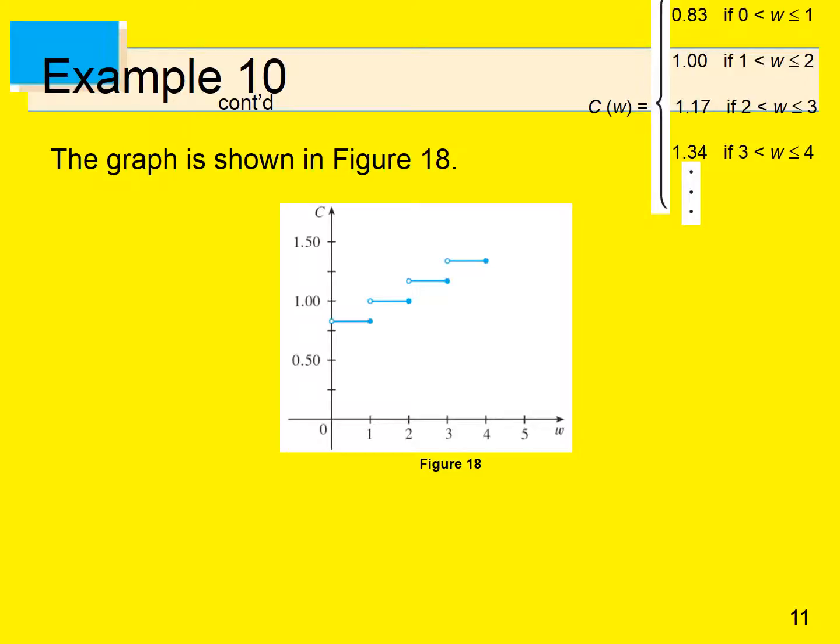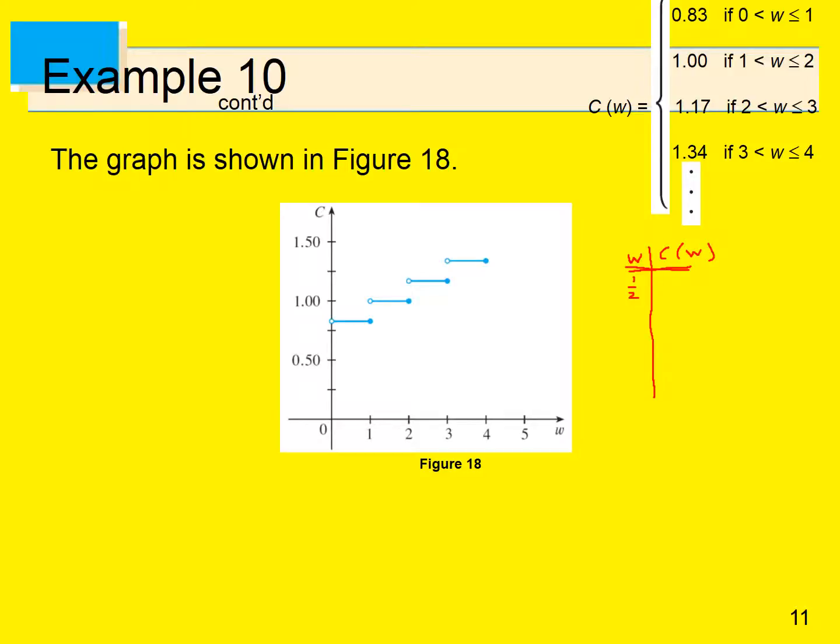And if you have, say, weight is 1/2 of an ounce, what's the price, what's the cost of mailing it, C of W?